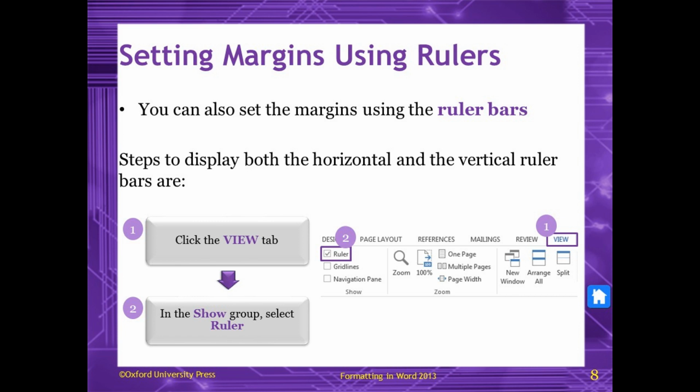To display the ruler bar both vertically and horizontally, click on the View tab. In the View tab, select Ruler from the Show group of commands. The horizontal and vertical rulers will then display on your page.